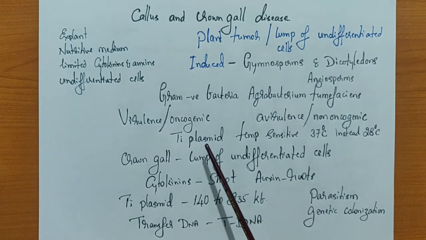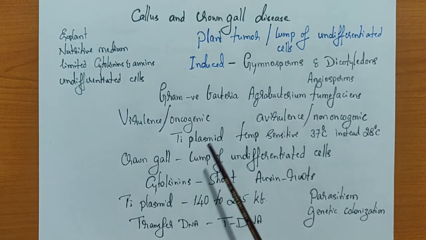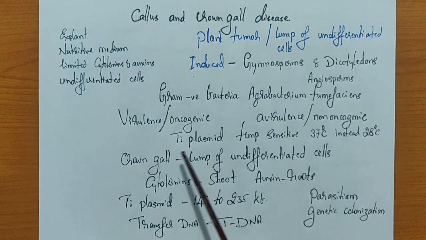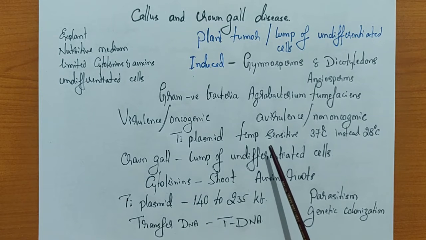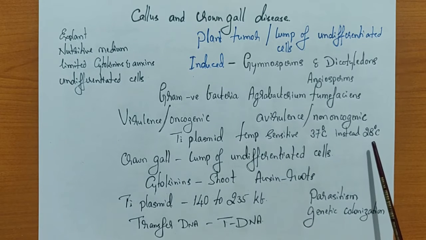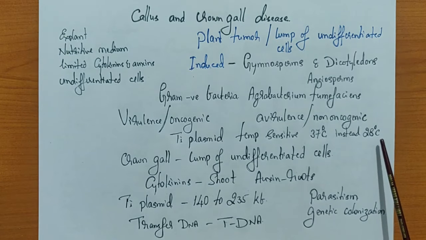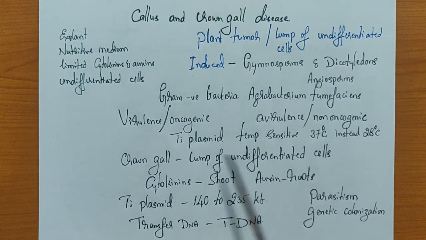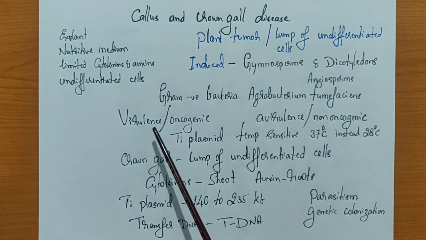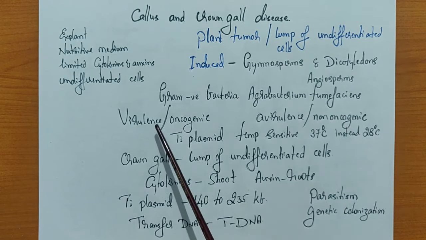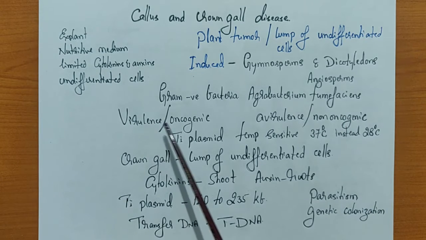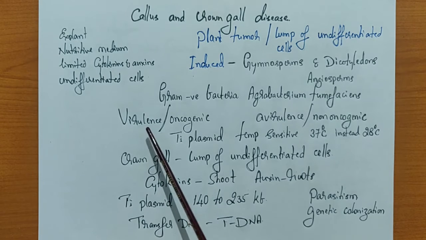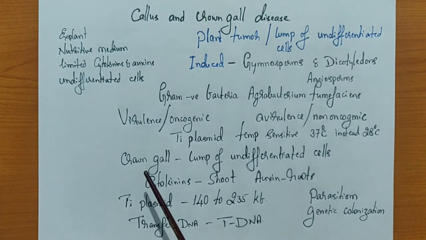This particular plasmid, we call the Ti plasmid, because it is the tumor inducing plasmid. This plasmid is temperature sensitive. That means it doesn't work optimally at 28 degrees centigrade, but it works efficiently at 37 degrees centigrade. Now when it comes to virulent and avirulent, we can take the virulent variety, and if you eliminate the Ti plasmid, it is no longer capable of inducing tumor.